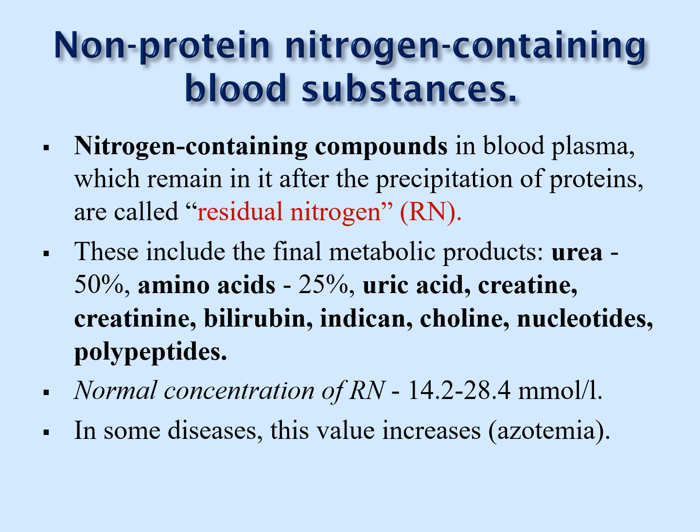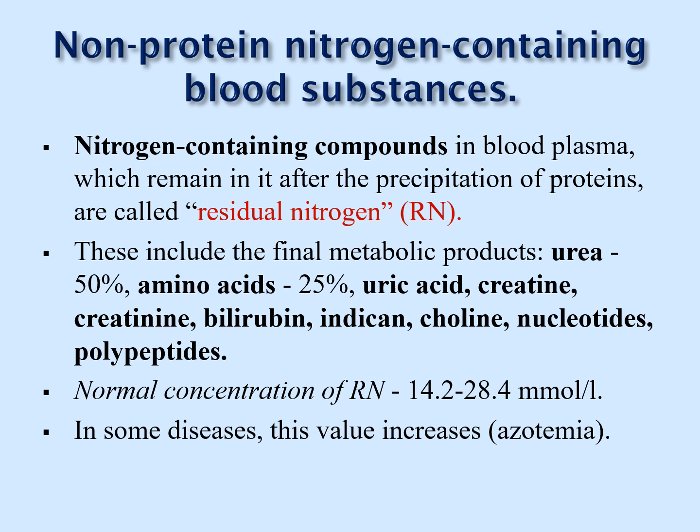Next, I want to explain again in short form all about non-protein nitrogen-containing blood substances. These nitrogen-containing compounds can be named residual nitrogen or rest nitrogen. Why? Because the concentration of these compounds can be defined after precipitation of proteins.